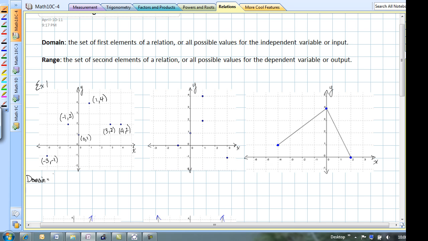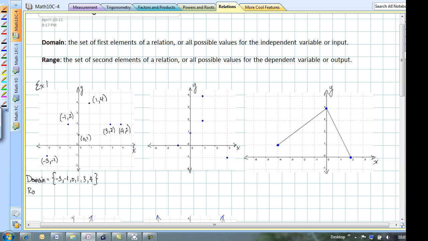So if I'm looking at my domain, the domain would be a set of, and we can take a look at all of my x values. So we have -3, -1, 0, 1, 3, and 4. And those are just all of the possible values of my x's.